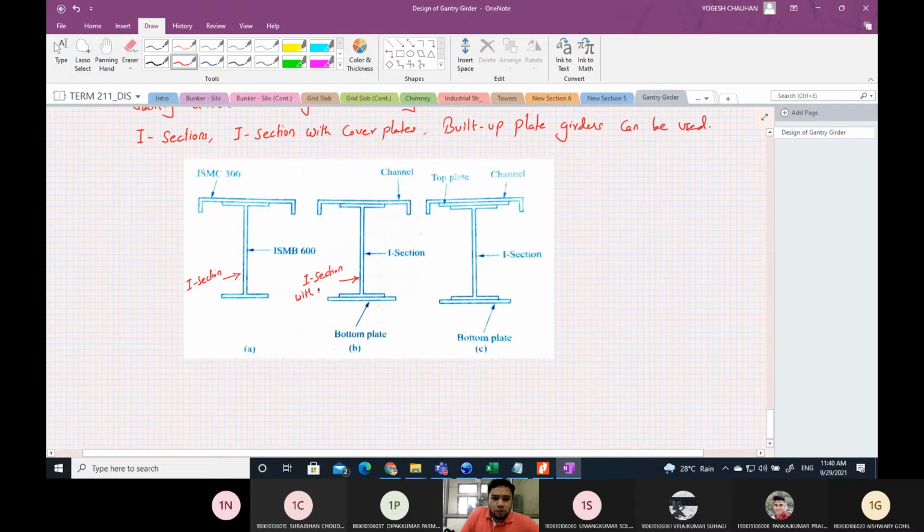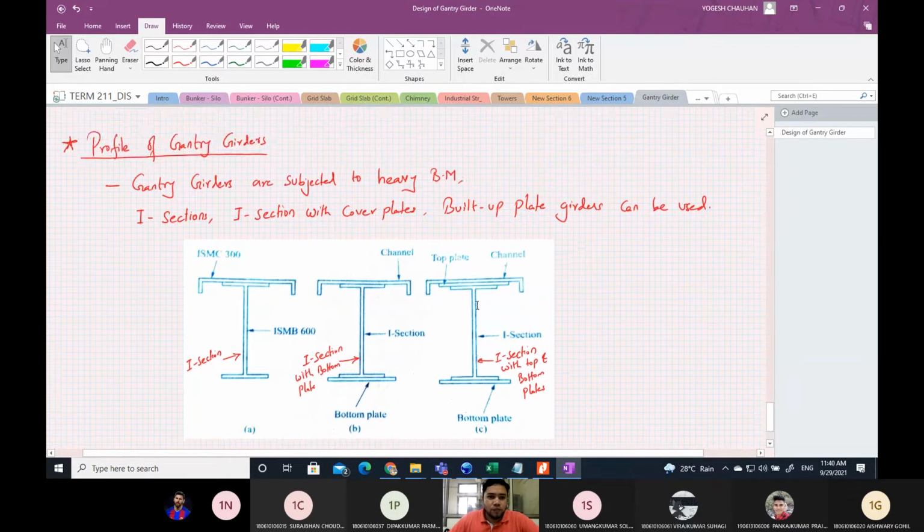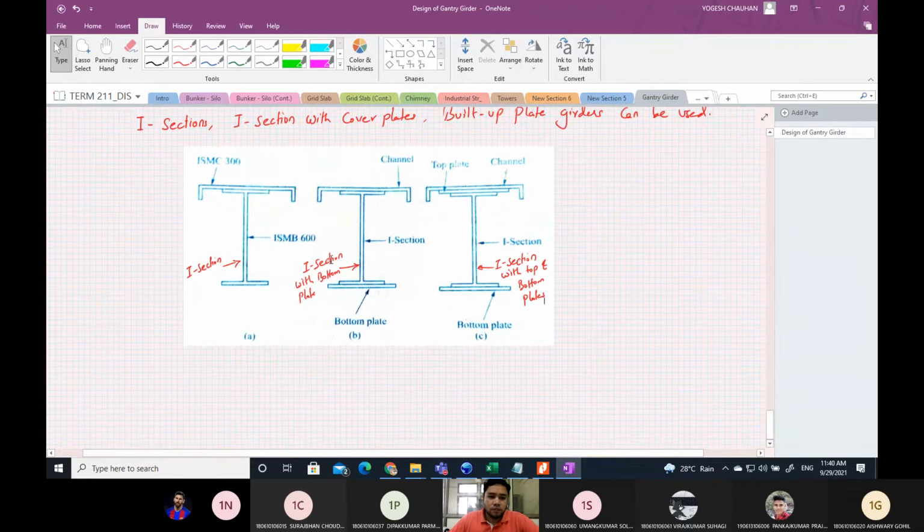Here, a bottom cover plate is used, and here top and bottom plates are used. I section with top and bottom cover plates.